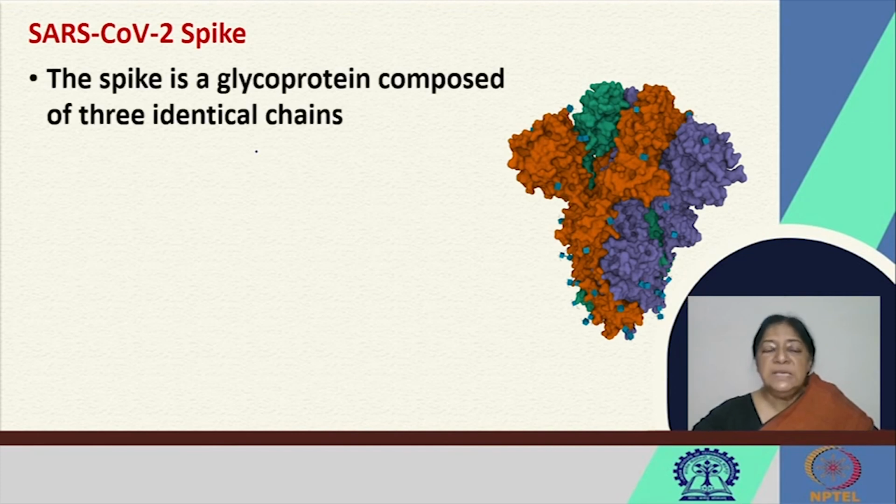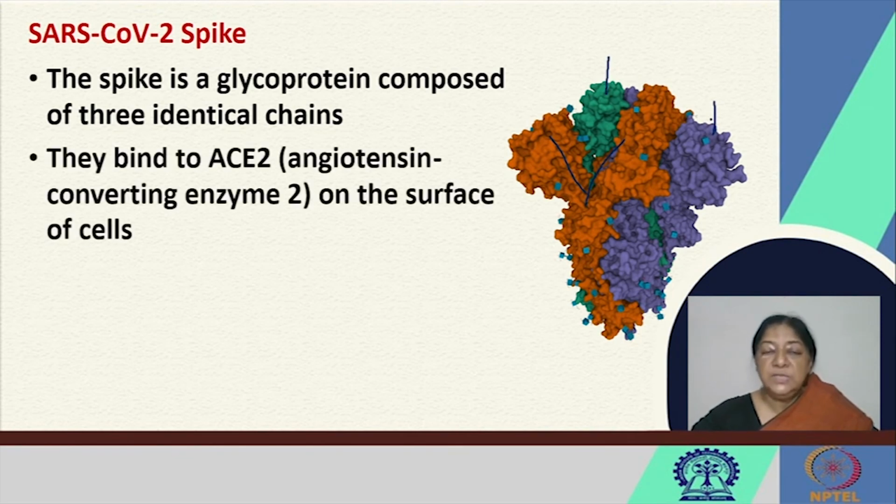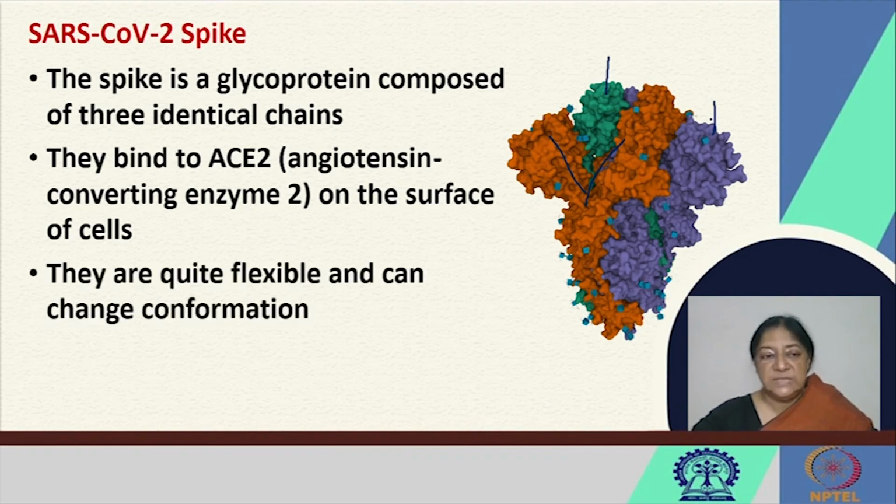What happens is the spike is a glycoprotein that is composed of three identical chains. So we see the three identical chains, one chain, second chain, and the third chain. So these three identical chains, they bind to ACE2, the angiotensin converting enzyme 2, which we had discussed earlier, that is present on the surface of the cells. These are quite flexible and can change conformation.